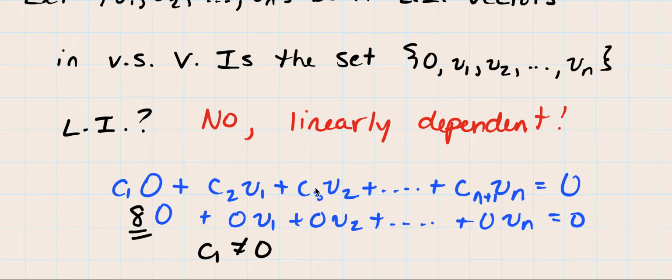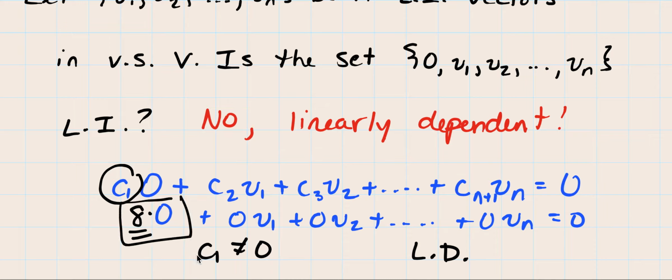Even though C2 through Cn is 0, I found a linear combination that's set equal to 0 where at least one of the Ci's, which is this one right here, is not equal to 0. And because of that, this is linearly dependent. Even though these don't depend on each other, I can put 0 in for each one, but the fact that I'm adding the 0 vector makes the set linearly dependent.